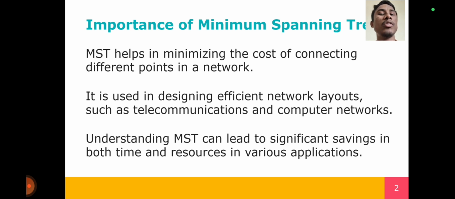These are used in software development, and understanding them can lead to significant savings in both time and resources in various applications. They play a very vital role in network designing and some other software work.